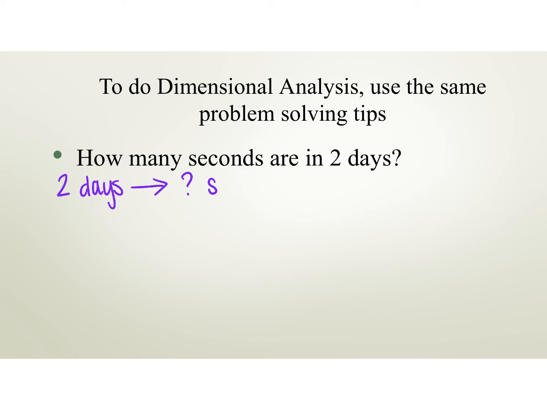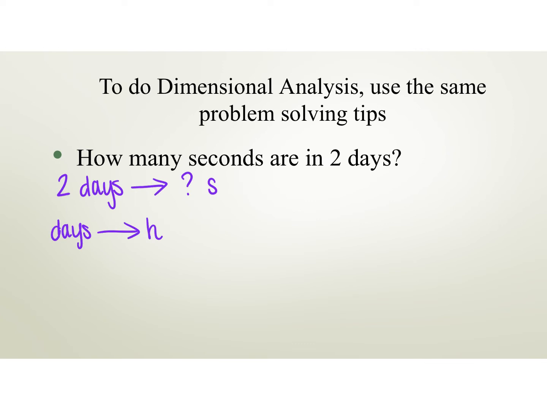Then before we even worry about the dimensional analysis, you gotta make that game plan. I know I'm gonna start with days. Do we know how many seconds are in a day? Do we know how many minutes are in a day? How about hours? Do we know how many hours are in a day? Okay, so let's convert to a unit we do know.